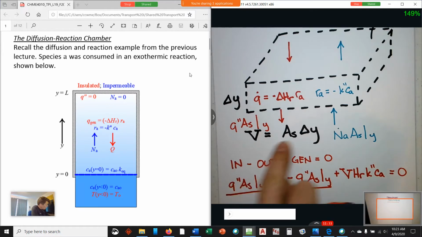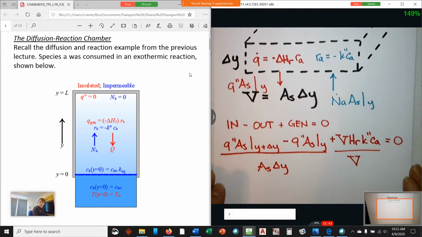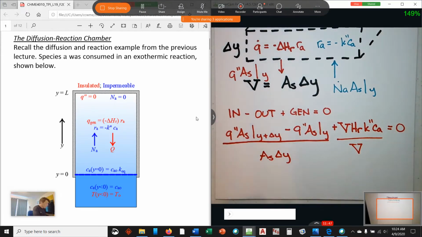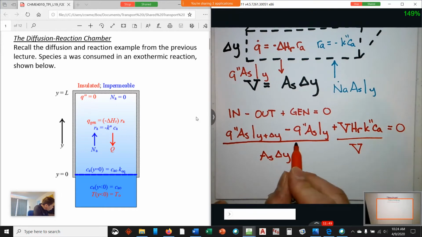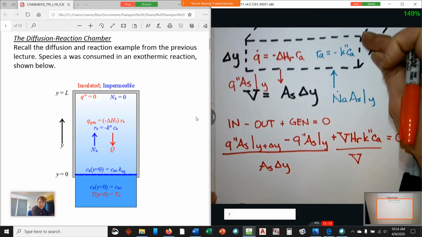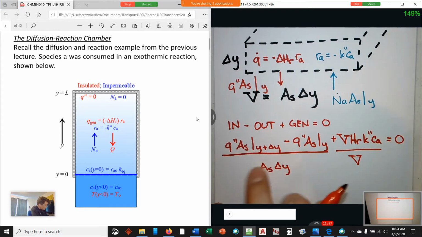We wrote the volume as AS delta Y. We'll just write it here. And we can remove the surface area, right? Because the surface area does not change as we move over this distance delta Y, and so we can let that cancel.